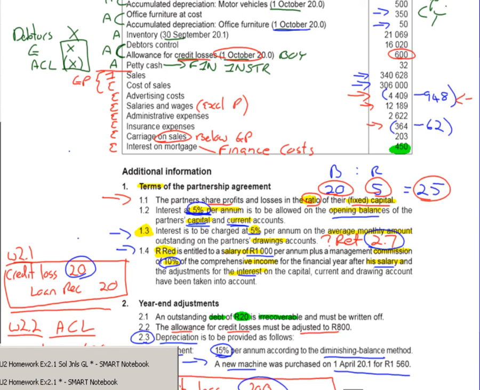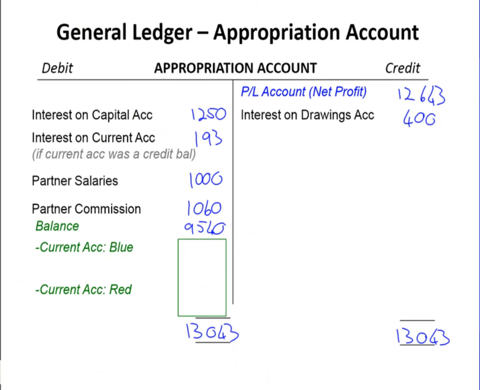Okay, so let's go and do that split now in our journal. The current account for blue is going to be the 9,540 times 20,000 over 25,000. And that gives blue 7,632 Rand.